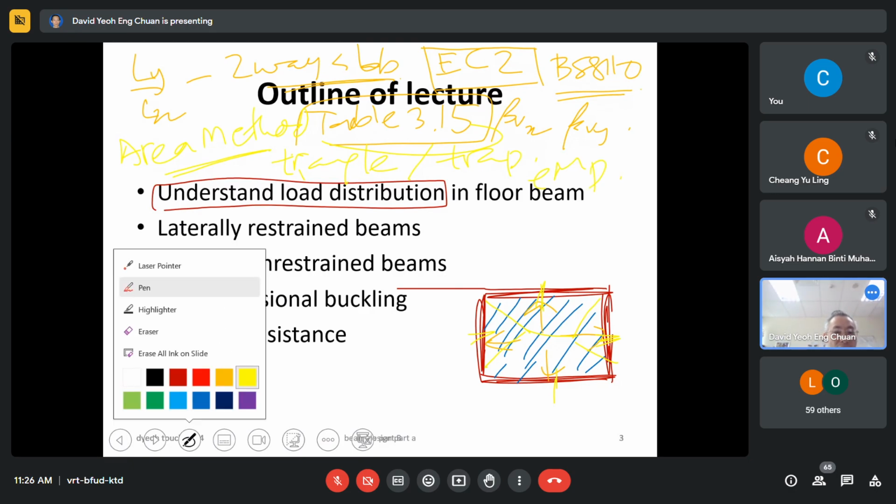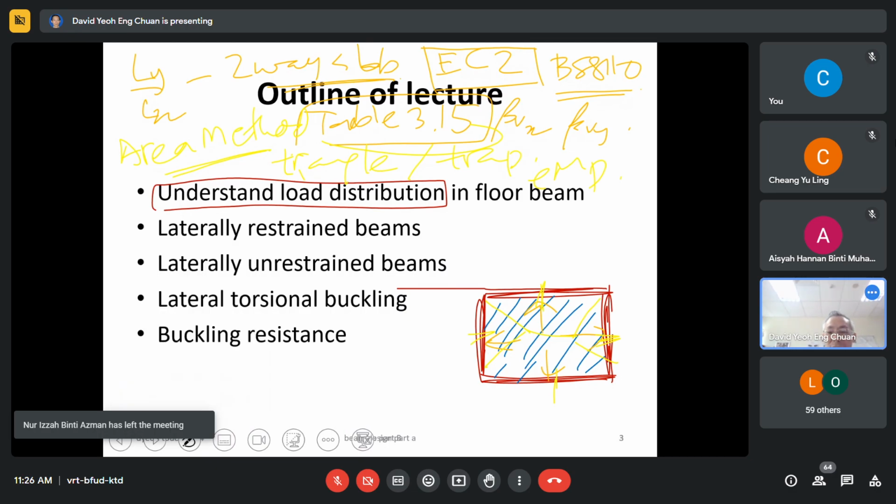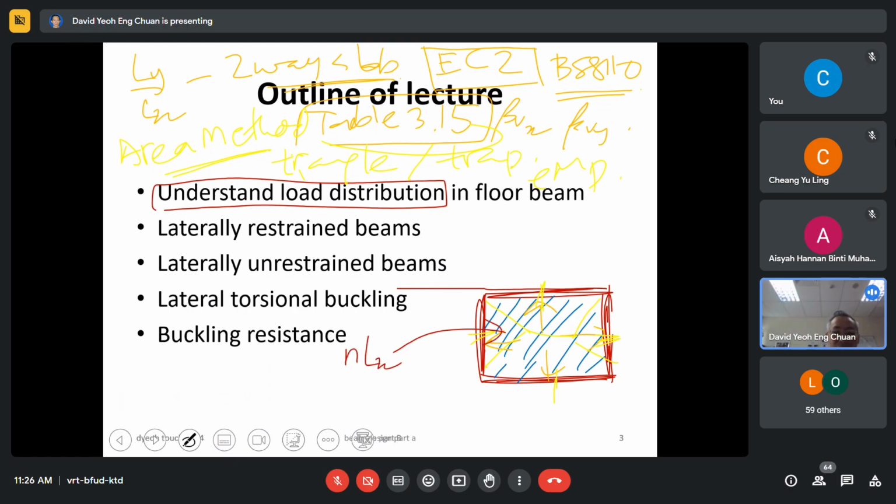For the triangular one, W equivalent is n Lx over 3. Then for the trapezoid, W equivalent is n Lx over 6 times (3 minus (Lx over Ly) squared).